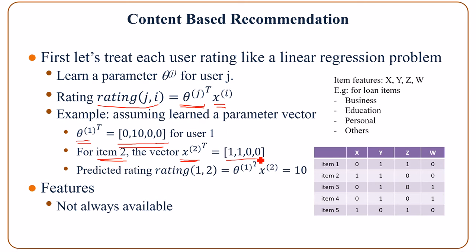Then the predicted rating of user 1 to item 2 is theta 1 transpose times x 2, and it is equal to 10. Sometimes features are not always available. In such a case, we need to look for a different approach.